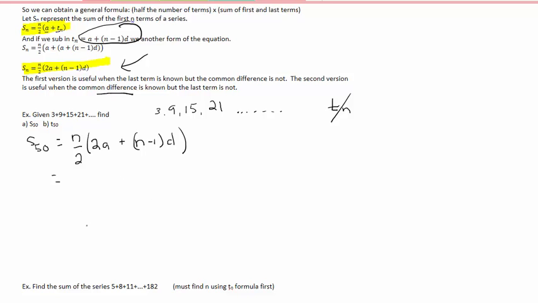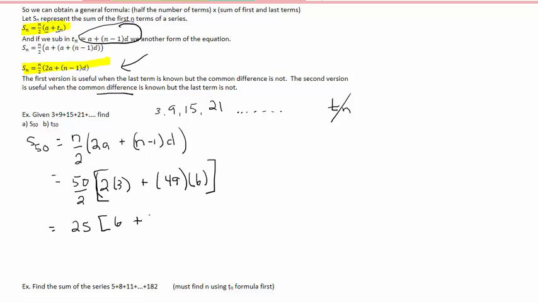If I'm looking for the sum of the first 50 terms in this pattern, I have 50 divided by 2. You can go right to writing 25 there. Our initial term is 3. 2 times 3 is 6. Then we have 50 minus 1 is 49. And I know my difference between every term is 6. When you're substituting in there, you might have it look like this last line right here so that it's a little bit faster.